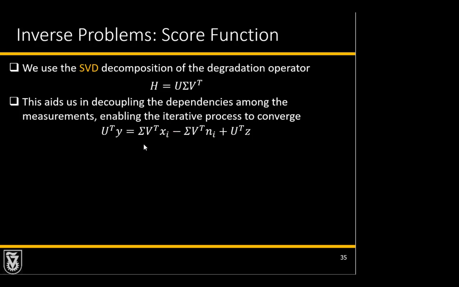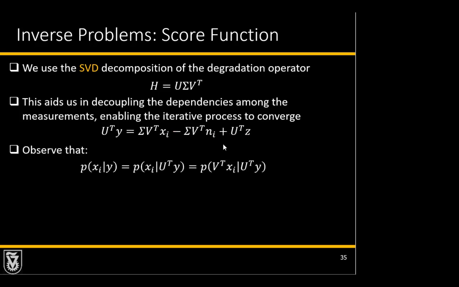So the measurements are decoupled. They are not dependent on each other, right? Because this is a diagonal matrix, the first entry in Y will depend on the first entry of Xi and not a combination of entries, which helps us in deriving the Langevin algorithm. And the addition here is just a difference between noises, right? Z and Ni. We'll come back to this later.